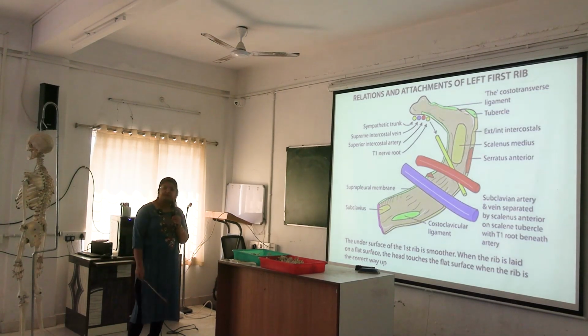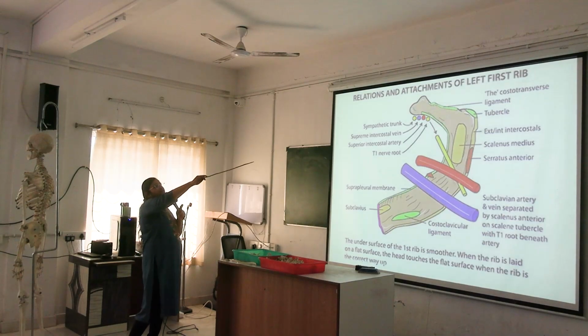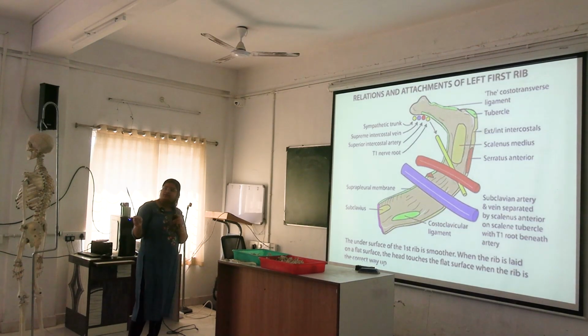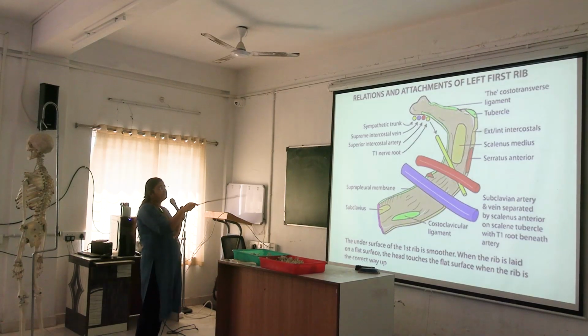See the relations and muscle attachments of the first rib. First is very important. Posterior to the neck there is the costotransverse ligament connecting it with the transverse process of the first thoracic vertebra. The tubercle is articulating, and along the outer border there is attachment of external intercostal and some part of the serratus anterior.